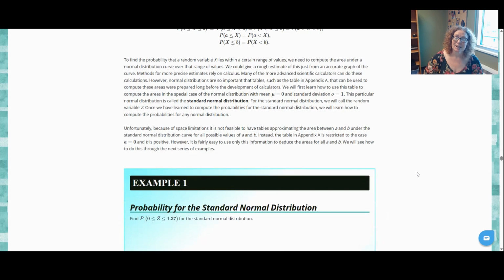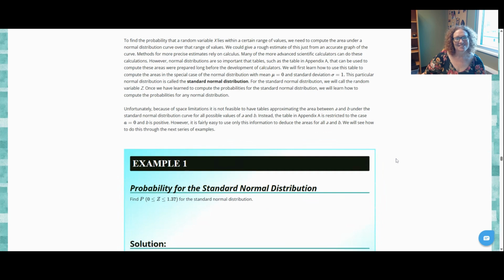It makes it so much easier to find the answers, because you're not really computing it. If you know that the mean is 0 and the standard deviation is 1, which is called the standard normal distribution, then we can use these charts to find your answers. Okay, but we will get there.